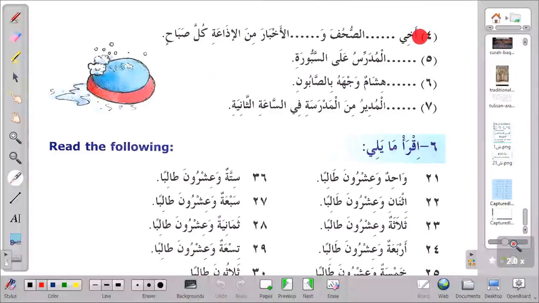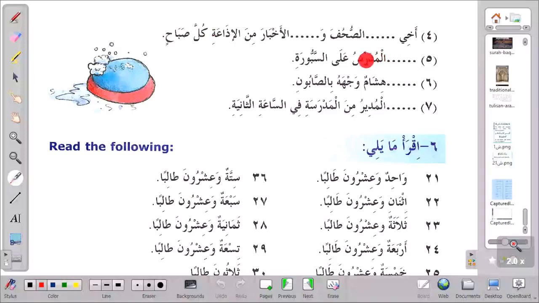Now here, akhi ... as-suhufa wa al-akhbar min al-idha'a kulla sabah. I think yaqra'u, right? Akhi yaqra'u as-suhufa, my brother reads the newspapers, wa yasma'u al-akhbar min al-idha'a kulla sabah, and he listens to the news from the radio every morning.